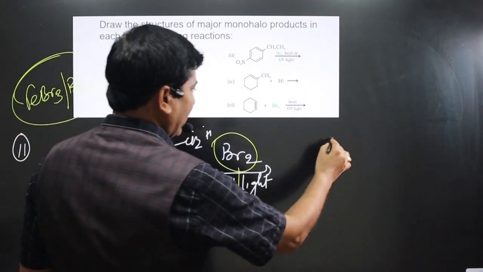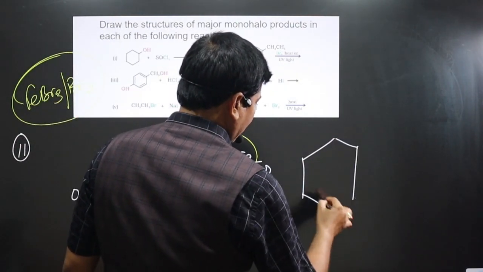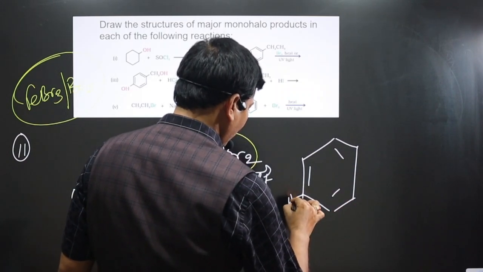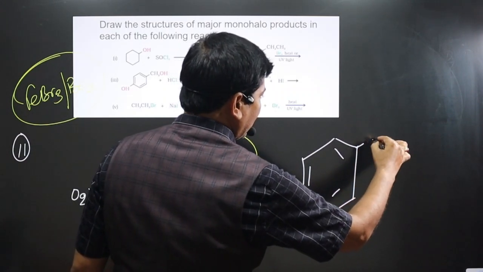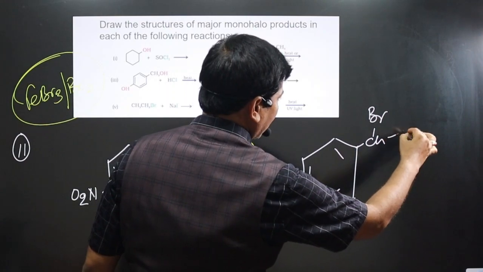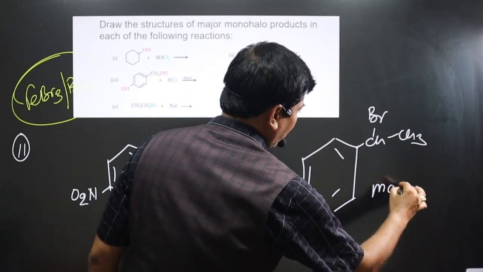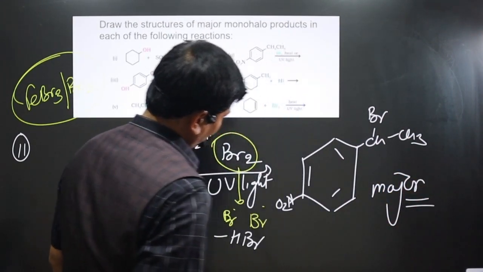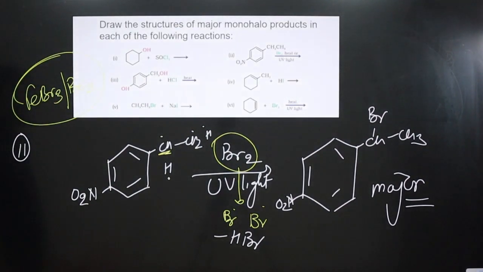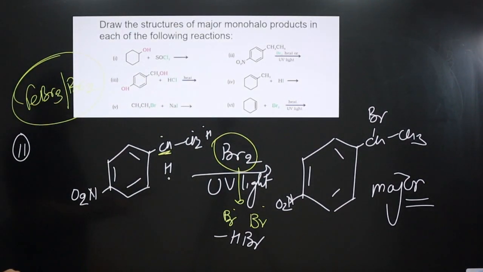The final product we get has the benzene ring with NO2, and on this side we get CH with Br and CH3. This is the major product. So based on the stability of the free radical we decide the final product.